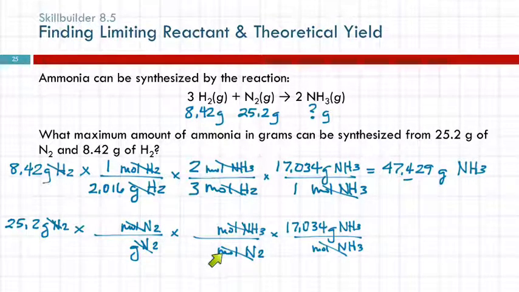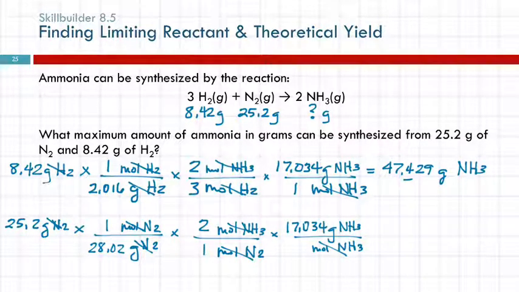The mole ratio comes from the coefficients here. 1 and 2 will make 2 NH3. And then we need the molar mass of nitrogen. 1 mole of nitrogen is 2 times 14.01, which is 28.02. Any questions?